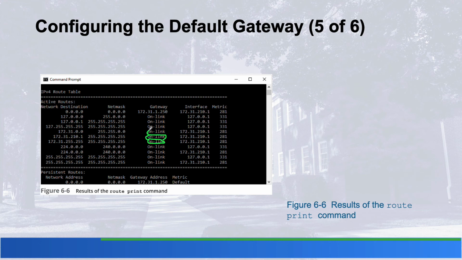So anything that goes to the 172.31 network, or the 172.31.210 network, or the 172.31.255 network, I'm going to dump it out onto the NIC and not send it to the gateway. Anything that has the 127 prefix, which is the loopback address, I'm also going to dump it out onto the link on the network.